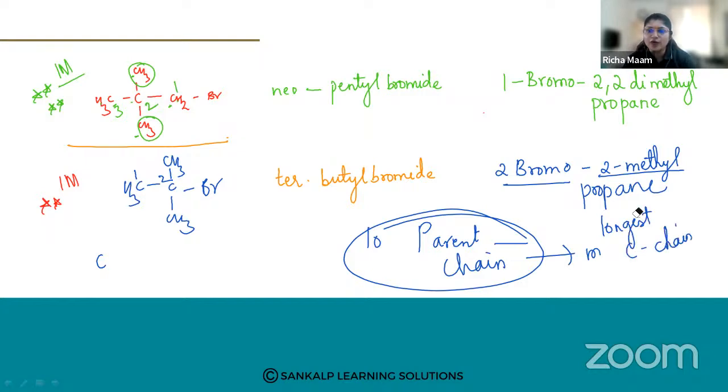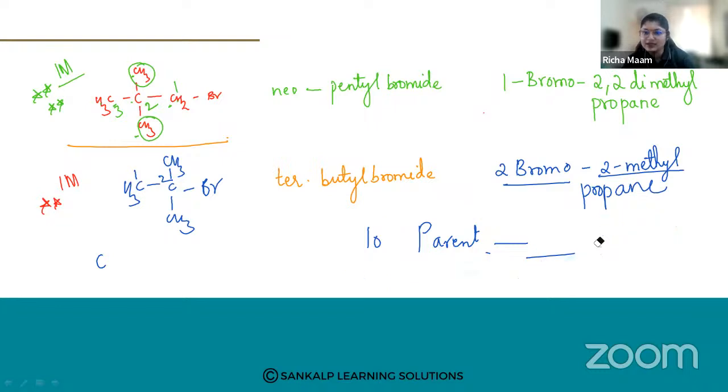For nomenclature, again, please open your first year books and study the nomenclature properly. Very important, because henceforth in second year, in all the chapters, first will be your nomenclature. So all these rules will be applied.